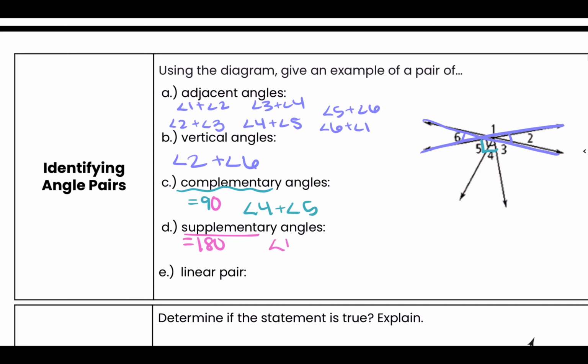So we have angle 1 and angle 2, angle 1 and angle 6. Linear pair means adjacent and supplementary. So in our picture, adjacent and supplementary are actually the same as D. So angle 1 and angle 2, angle 1 and angle 6.